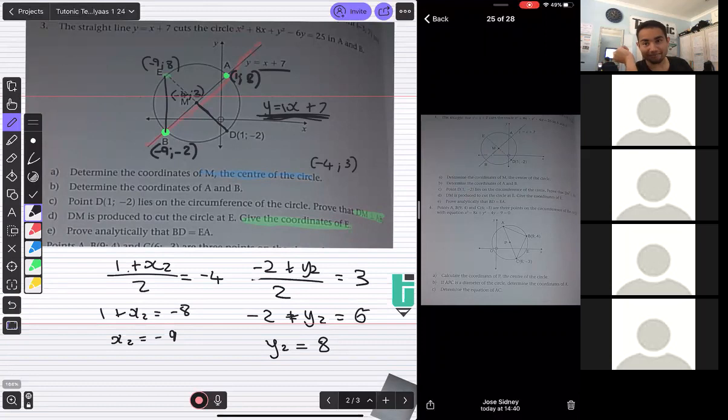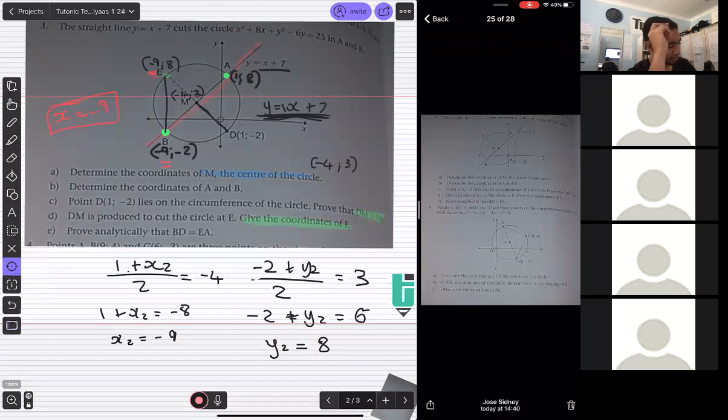Why? Because of the same x value. The x values are the same, so therefore it's a vertical line. In fact, the equation of that line would be x equals -9. That's the equation of the vertical line, because along this entire line, x is -9.